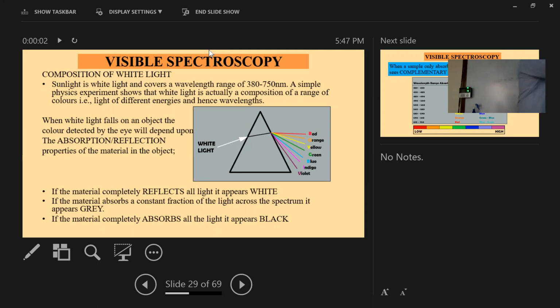So this is the violet. It has the minimum wavelength, then indigo, and this is the red, so it has the maximum wavelength. That means depending on the wavelength, the light which has the maximum wavelength will bend the minimum, and the light which has the minimum wavelength will bend the maximum.